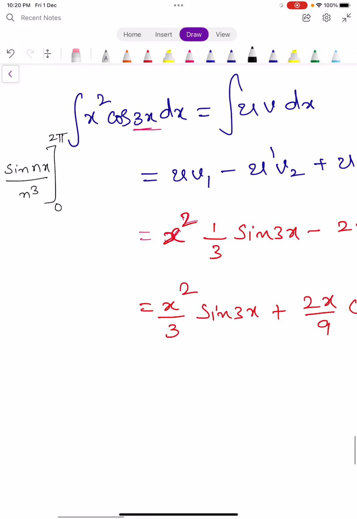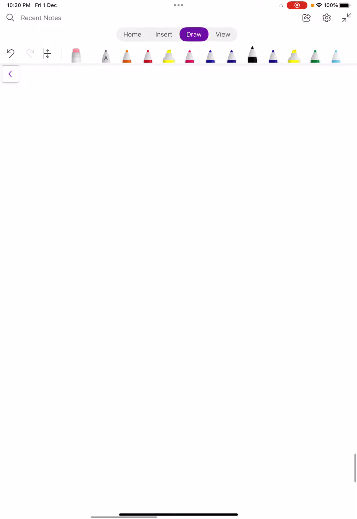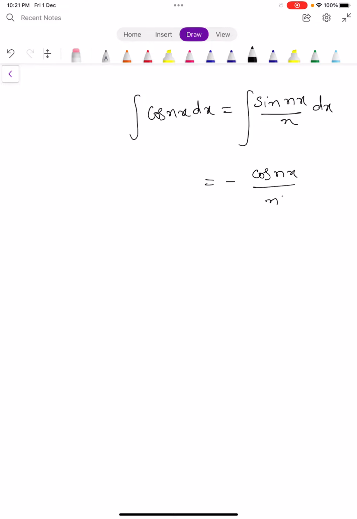For your understanding, I repeat the integration. You please observe that integral cos nx dx is equal to sin nx by n. If you integrate one more time, you get minus cos nx by n square.